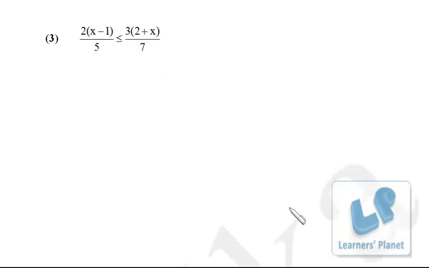See this one, 7 into 2x, that is 14x, minus 7 into 2, 14, is less than equal to 5 into 3, 15 into 2, 13 plus 15 into x, 15x. Okay, so 14x minus 14 is less than equal to 13 plus 15x.